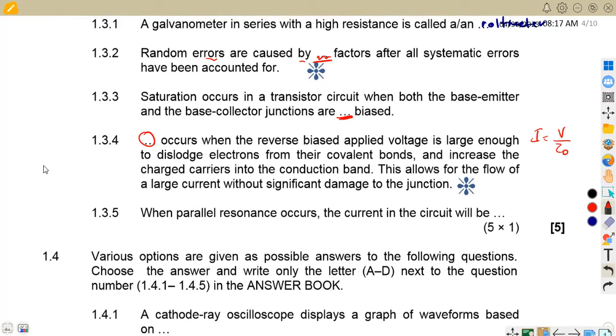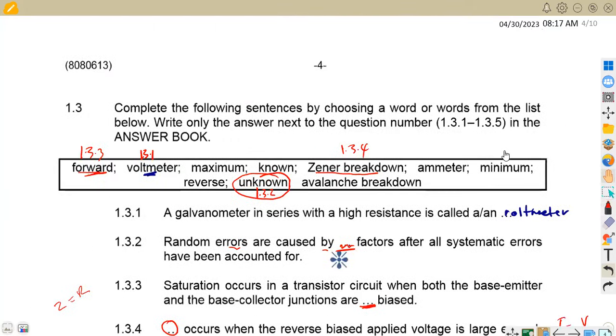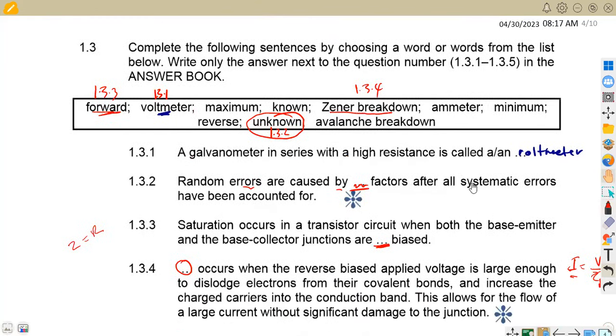Remember, in series, we have a condition where Z is equal to R, but this part is different. This one is going to give you a maximum resistance or impedance. When this is maximum, remember, it's an inverse with current. So current will be minimum in this case. All right, we've got our minimum.